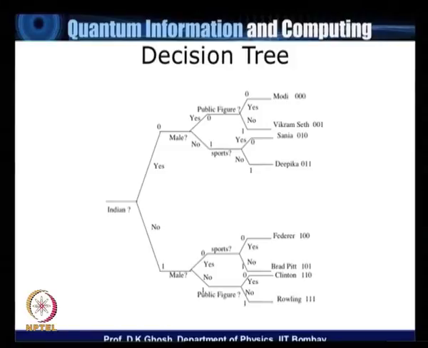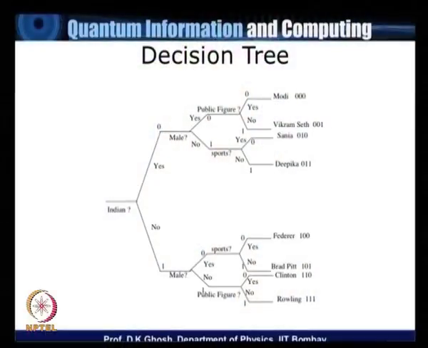So then I ask the question, is that a public figure? If the answer is yes, then your choice is already known, that we are probably talking about Prime Minister Modi. And if the answer is no, because it was a male and the remaining 2 people are female, the answer has to be the author, which happens to be Vikram Seth.